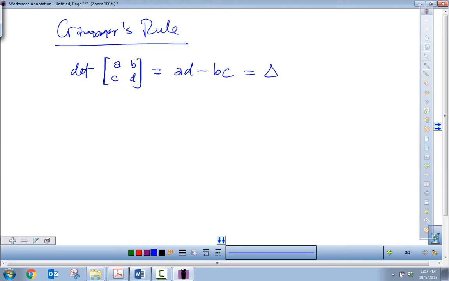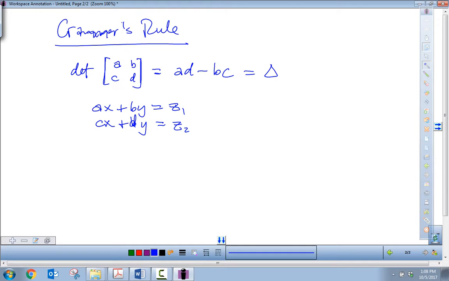And if you have a system, AX plus BY equals, let's call it, I can't call it C because that's my next one... Z1 and Z2.